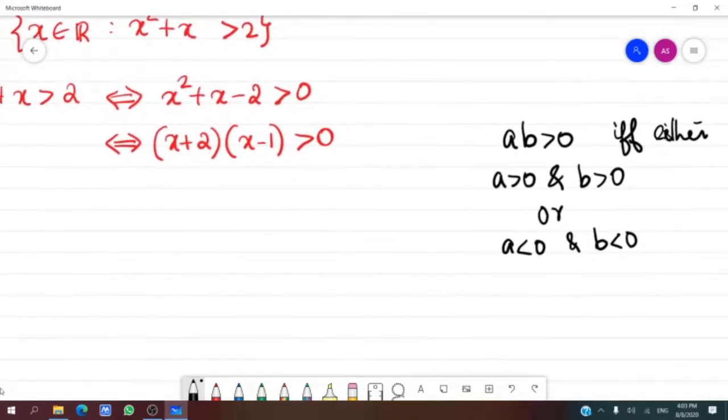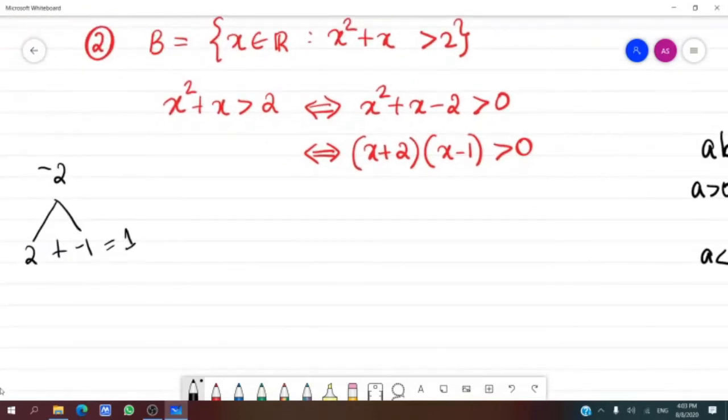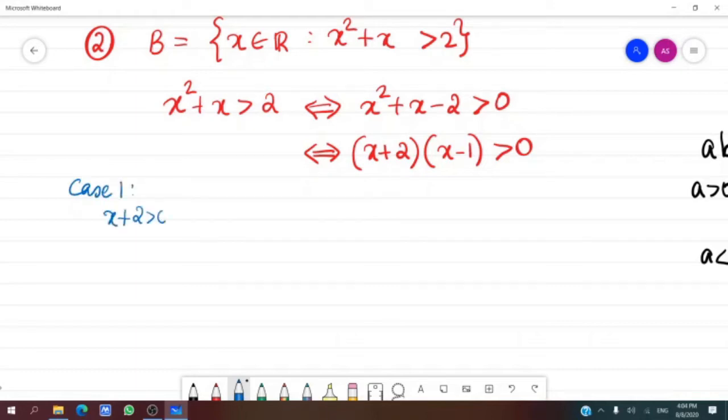By this theorem, this is positive means there are two possibilities if and only if either x plus 2 and x minus 1 positive, okay, or I can write, so there are two possible cases, either, that means case 1: x plus 2 is positive and x minus 1 is also positive.